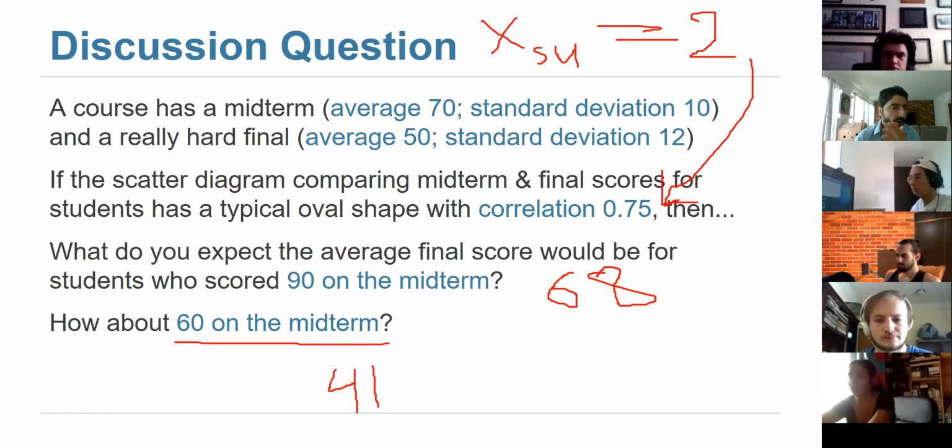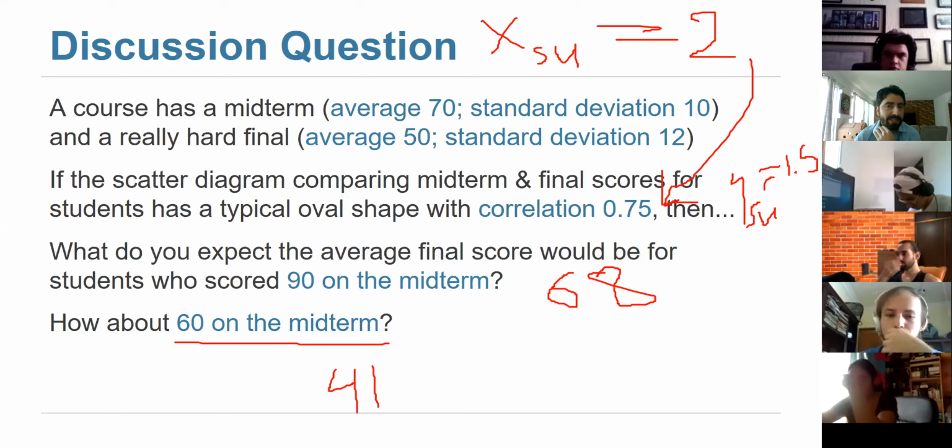Then what it means is your Y value in standard unit is equal to 1.5. That means your Y value is 1.5 standard deviations above your average.